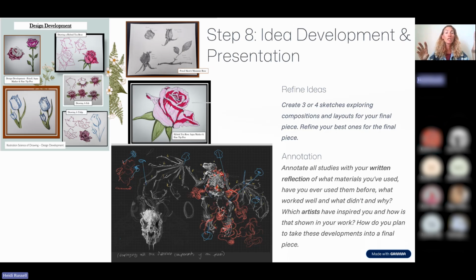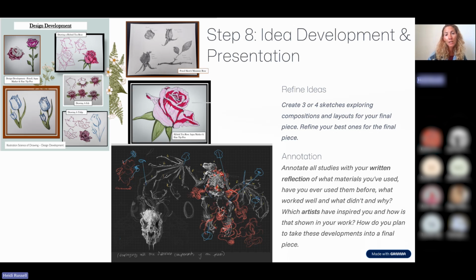Try not to go just from artist research straight to a final piece, because we really want to see the middle part. We really want to see this development of different ideas and the whole creative process. We want to see it from start to finish. So don't miss out this middle bit. Okay, it's really, really important for all your projects, not just this one, for all of the projects. Refine your best ones ready for the final piece.